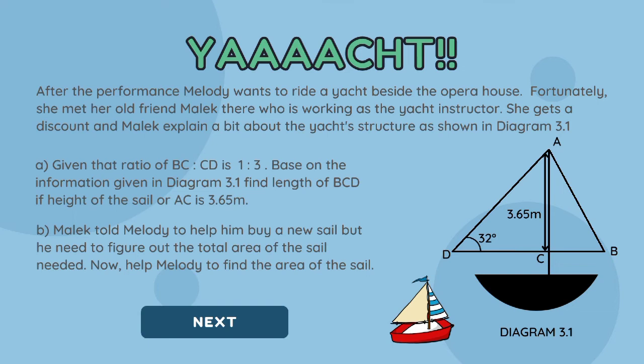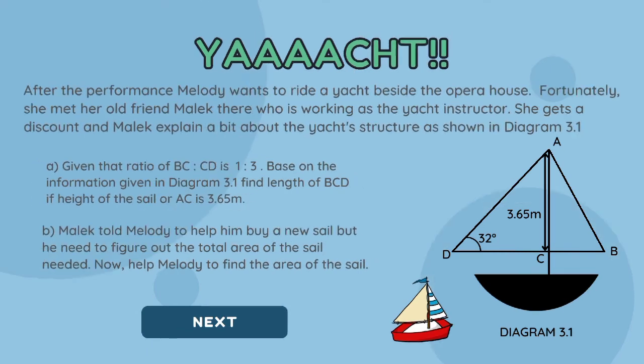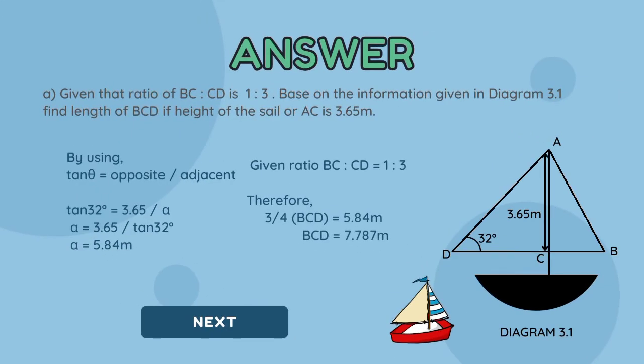Malik told Melody to help him buy a new sail, but he needs to figure out the total area of the sail needed. Now, help Melody find the area of the sail. Okay, for question A, given that the ratio of BC and CD is 1 to 3, based on the information given in diagram 3.1, find the length of BCD.